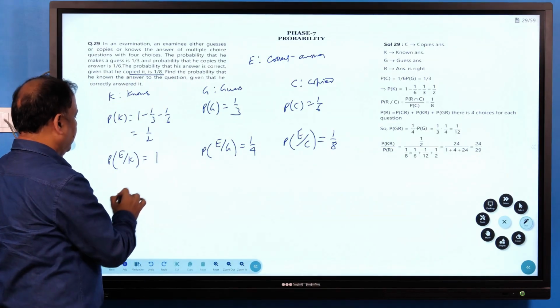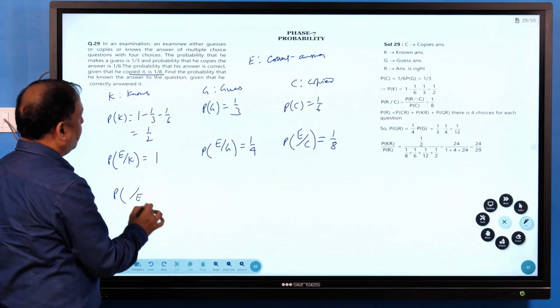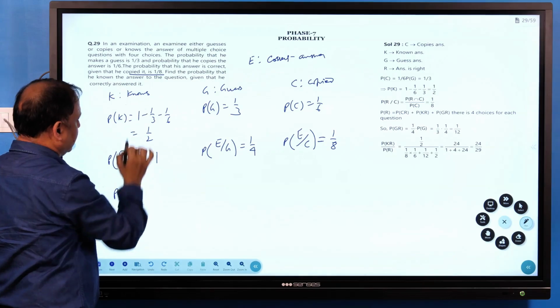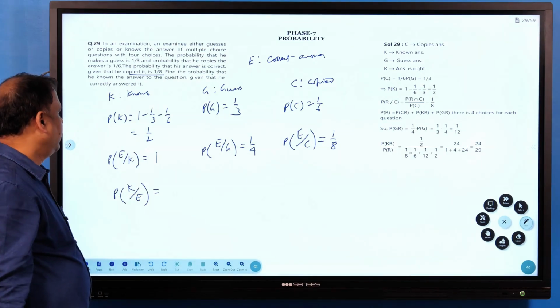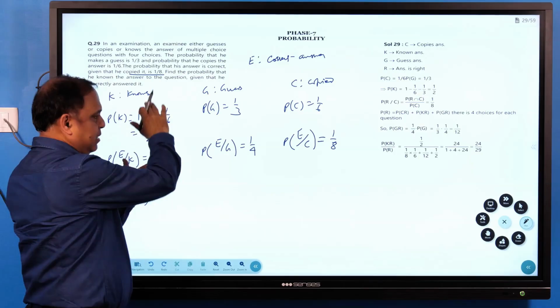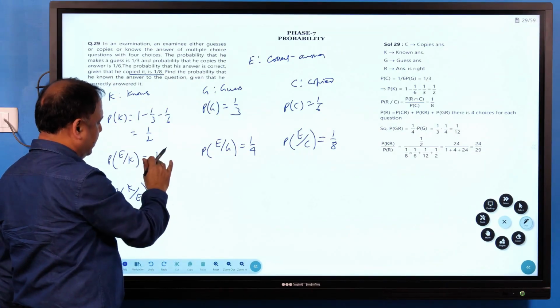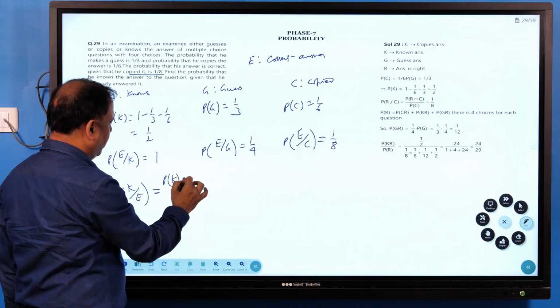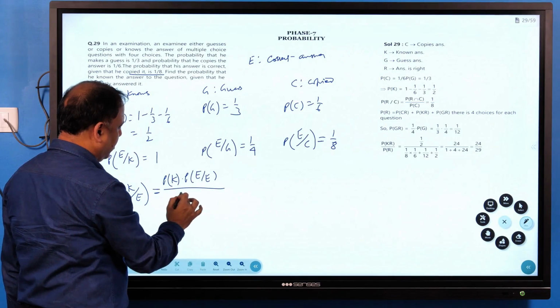Now we have to find the probability that he knows the answer given that his answer was correct. So we will multiply these two and divide by the total sum. You can make a tree diagram.